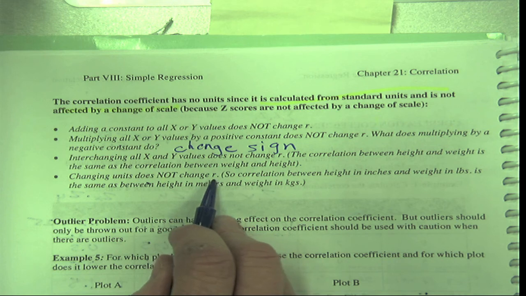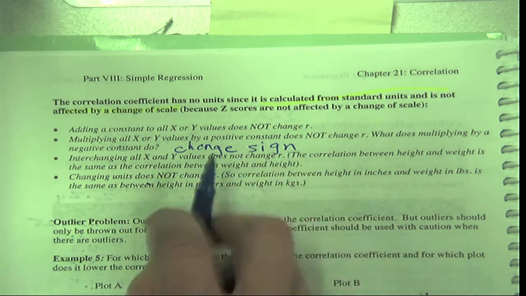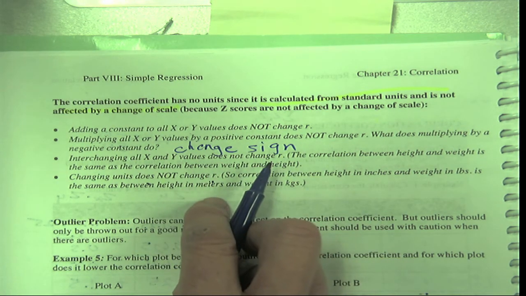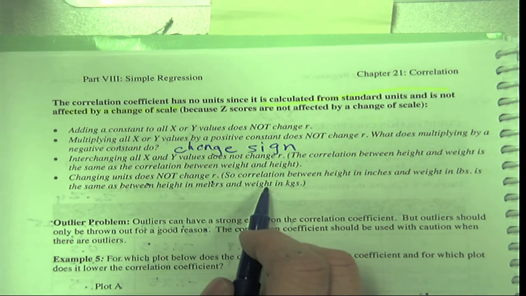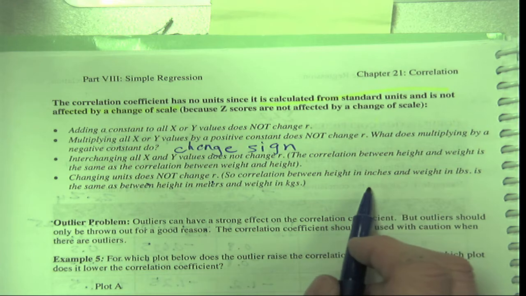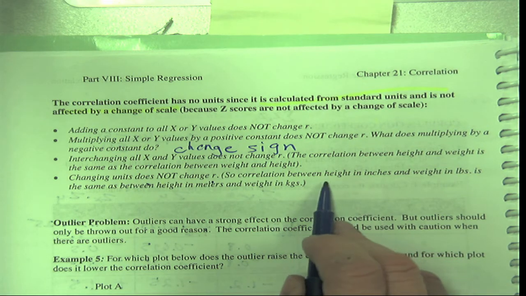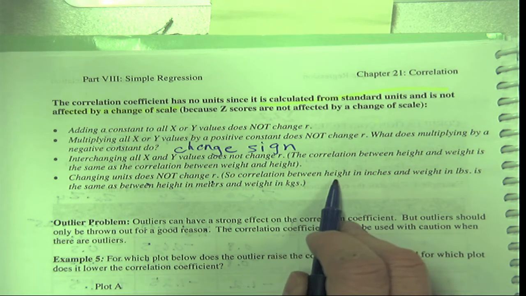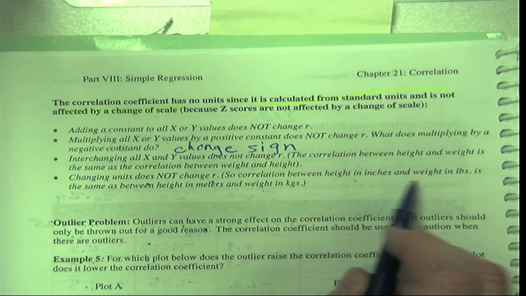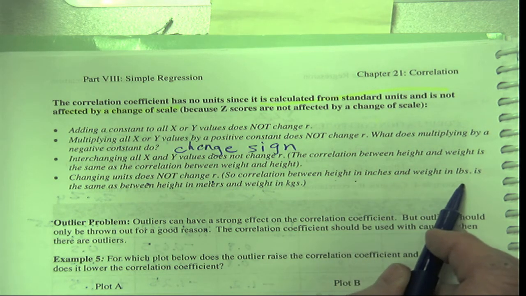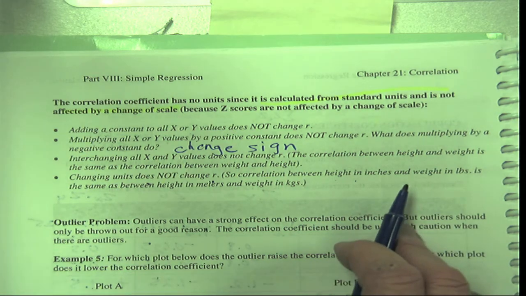That means any kind of linear transformation, adding or subtracting a value and then dividing by something, is not going to change r. A good way to remember this is that the correlation between height in inches and weight in pounds is not going to change if you use the metric system.